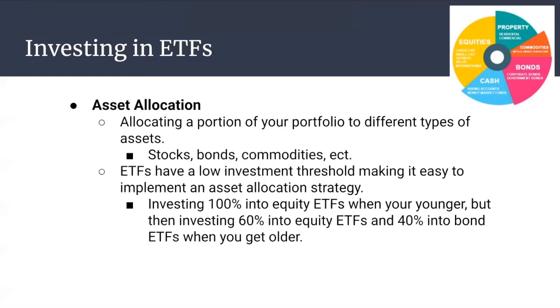An example of this could be a young person investing 100% in equity ETFs in their 20s, but then changing their investment strategy as they get older to maybe 60% equity ETFs, and 40% bond ETFs.